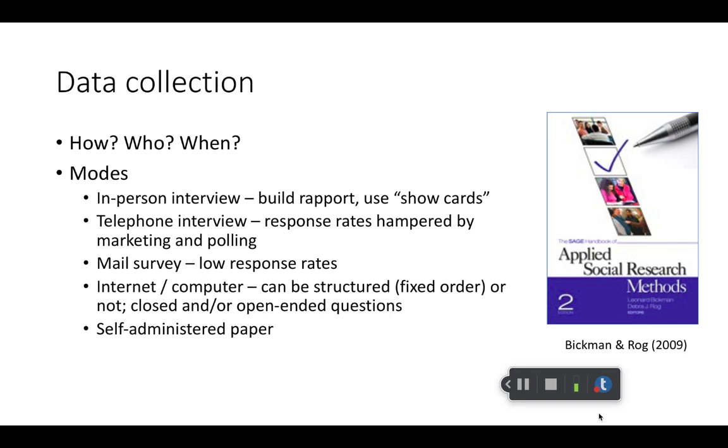So these can be web-based surveys, they can be surveys that are available on any kind of electronic device. They can be structured, so there's a fixed order to questions or not. People can skip around, and you can include both closed and open-ended questions. There are issues, though, around security of data collected online, so we do have to be very careful about that. And then, of course, there's the good old-fashioned self-administered paper and pencil approach that still works.